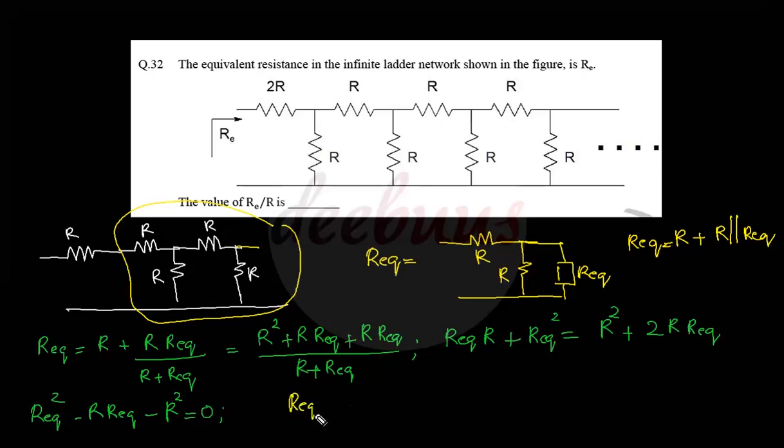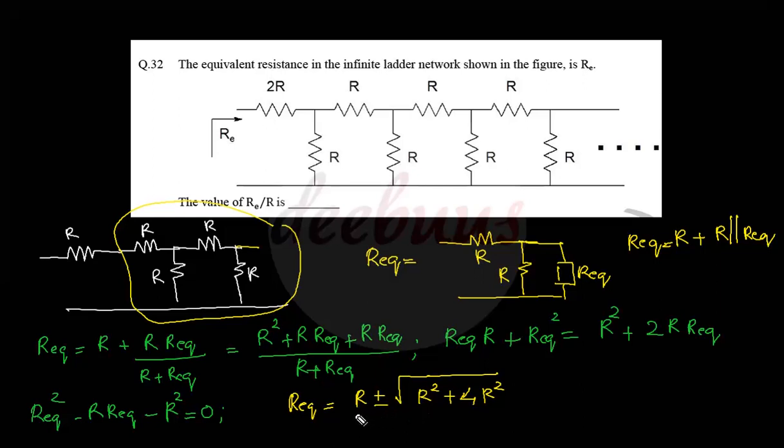R equivalent equal to minus B plus or minus root of B square minus 4AC by 2A. Here B is minus R, so minus B is R, plus or minus root of B square minus 4AC, that is R square minus 4AC, so plus 4 R square, right?